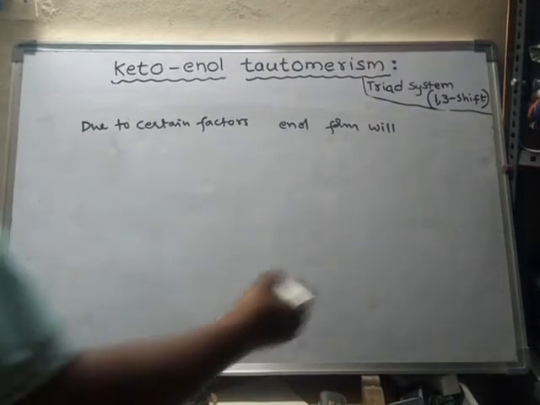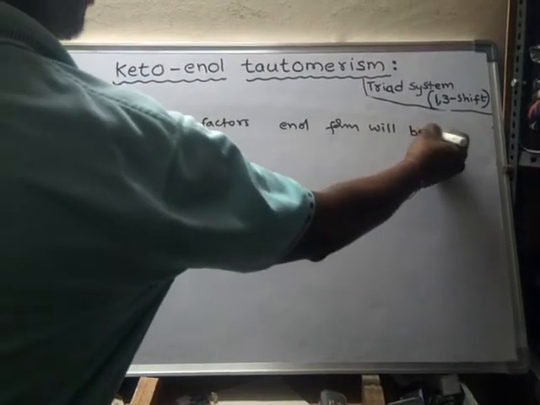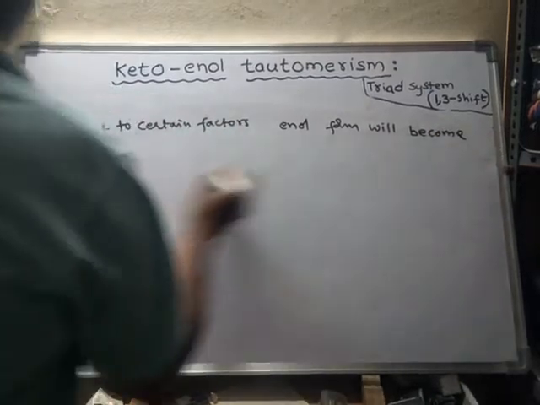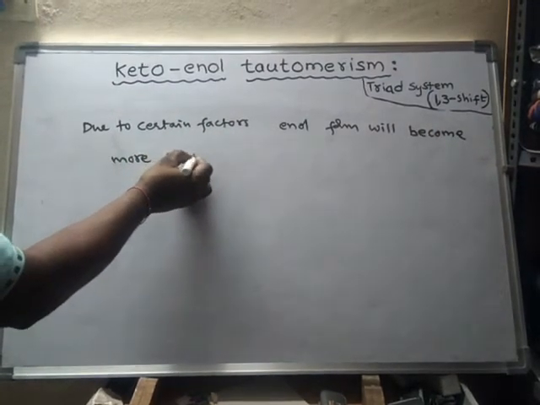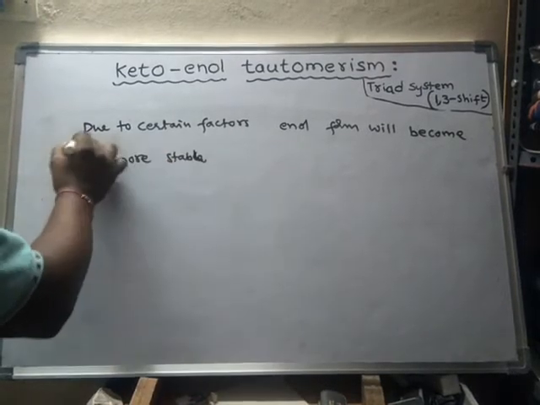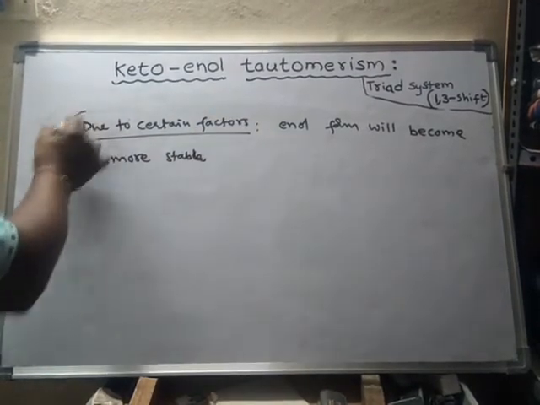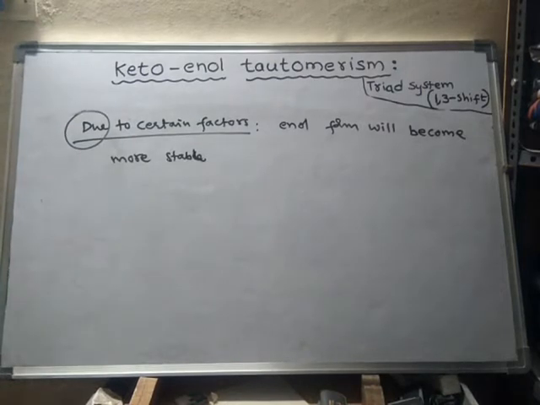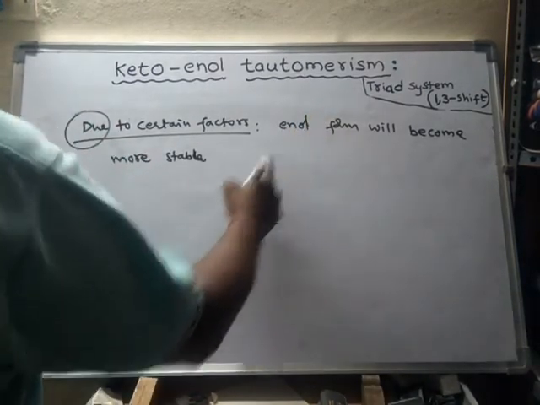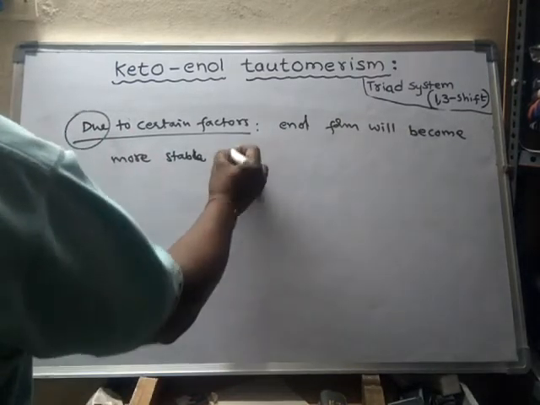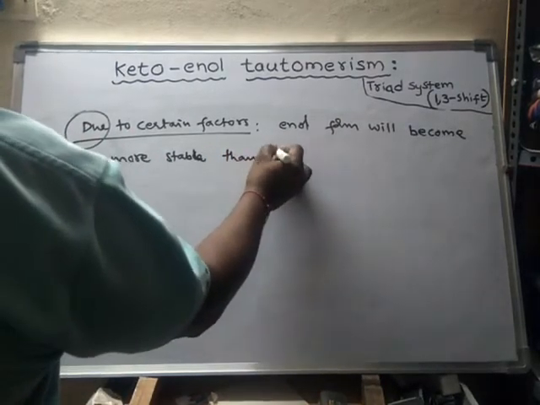In general, the keto form will be more stable, but due to certain factors, the enol form will become more stable than the keto form.